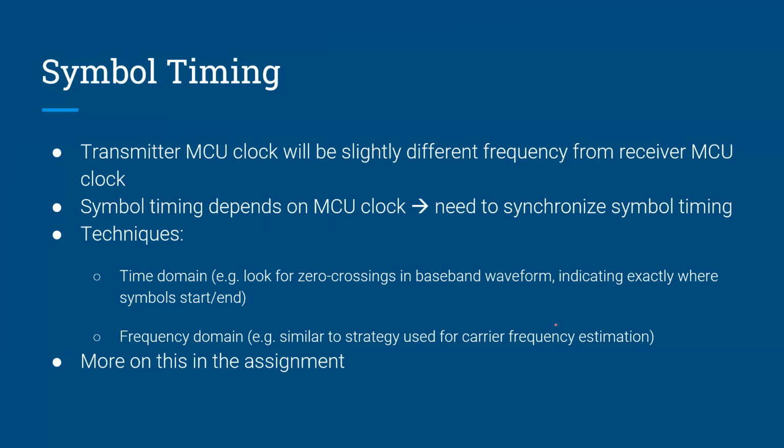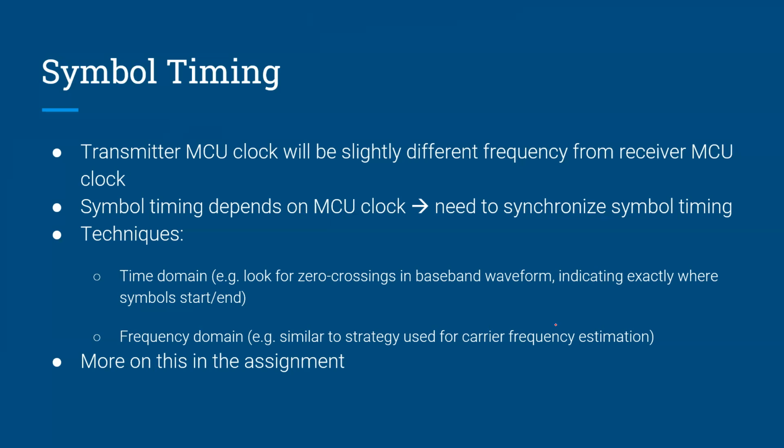So that means when you're receiving data, the effective sample rate of your receiver will be slightly different than the transmitter sample rate. And that'll affect the frequency offset, the carrier frequency offset, but we know how to correct for that.